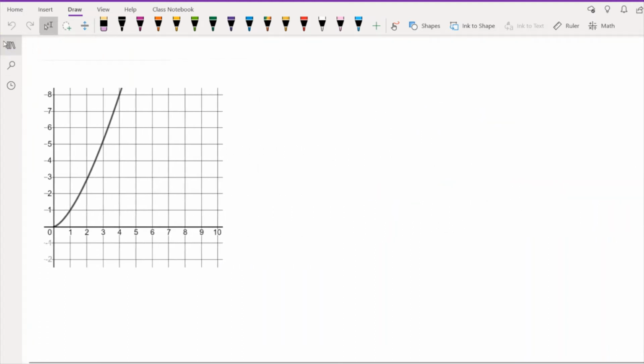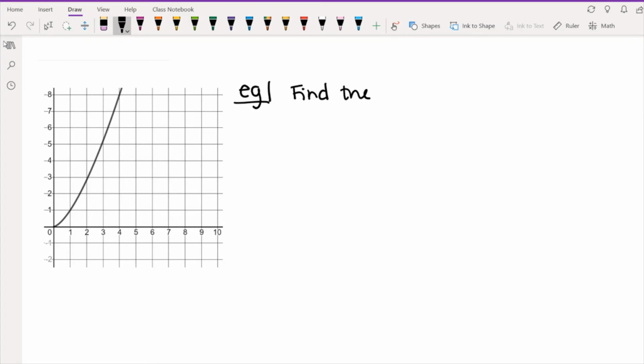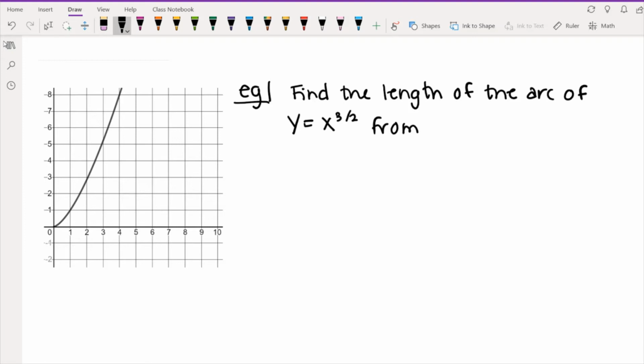So the first example I want to look at is we're going to find the length of the arc of y is equal to x to the 3 halves from x is equal to 1 to x is equal to 4.